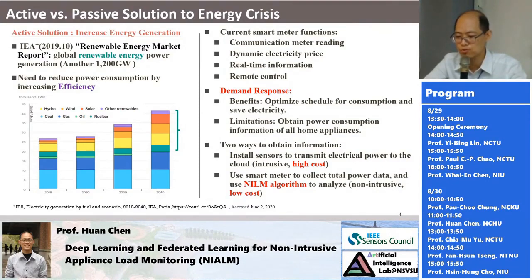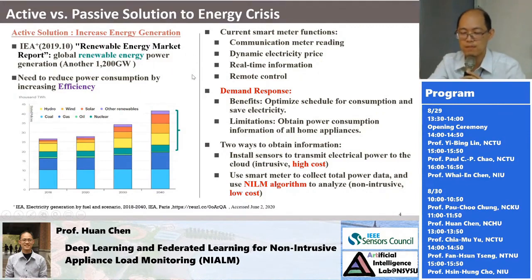According to the Renewable Energy Market report done by the International Energy Agency in 2019, the global renewable energy power generation will grow by another 1,200 gigawatts till the end of 2040.